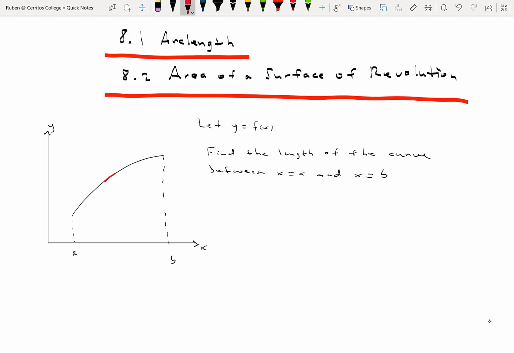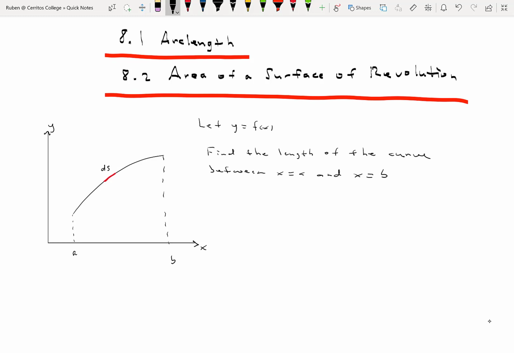We'll call it ds. That little bit represents just one infinitely small piece of the entire curve. I want to find a formula for that little arc length ds, and then we'll use integration to sum up all those little arc lengths.